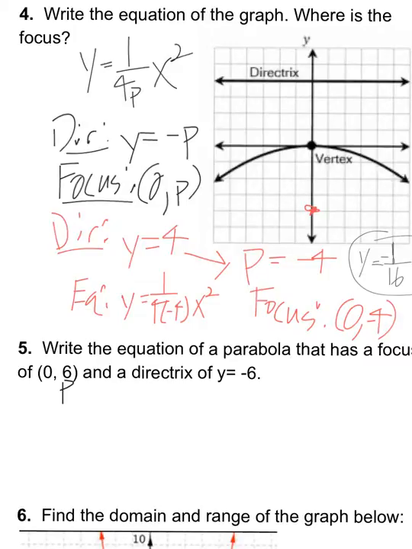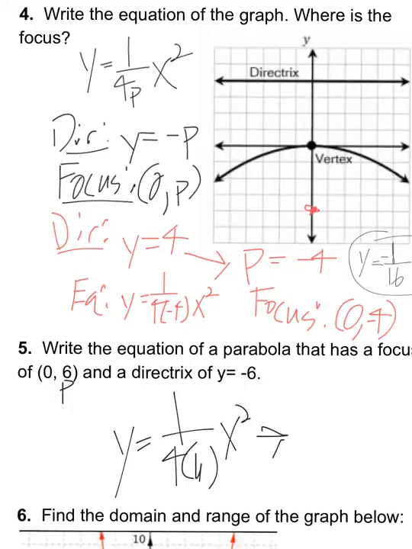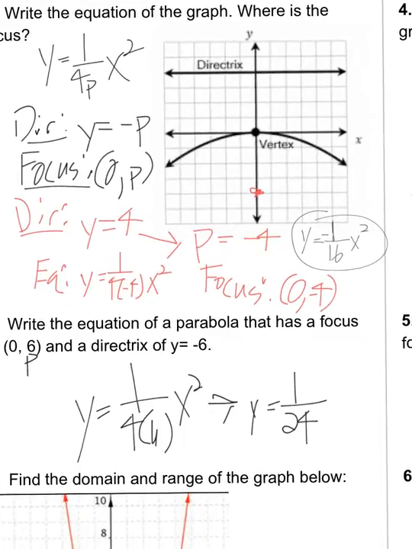So two ways to tell that p is 6 there. So anyway, the equation is simply 1 over 4 times 6 x squared. And so 4 times 6 is 24. So I have y equals 1 over 24 x squared. And that's all there is to that one.